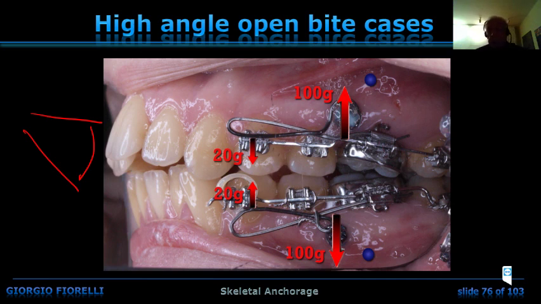So what I do is that using a cantilever, let me explain this to you. We have a passive wire, which is this one here. Goes like that. Here is another passive wire. Goes like that. So we are keeping the 4 posterior teeth together from the first premolar to the second molar.